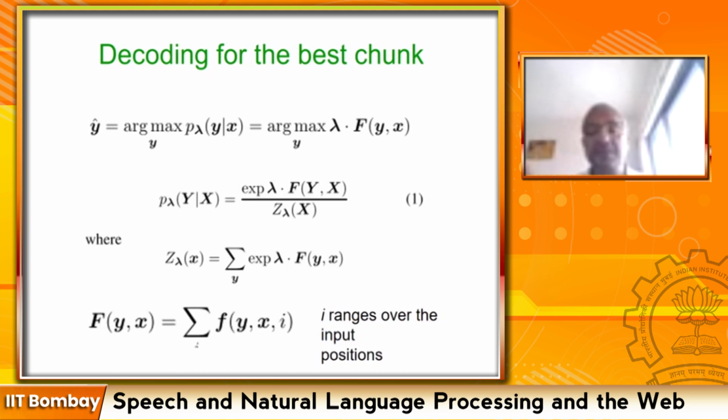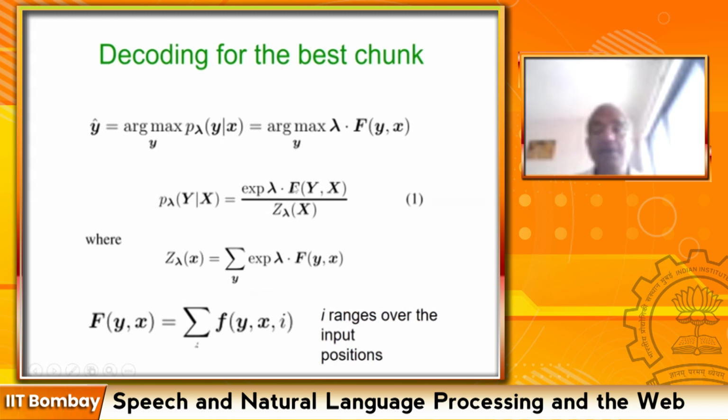For example, if 'tion' is present, the value is 1. If it is not present, the value is 0. So all these features are multiplied by weights and raised to the power e, divided by the summation of e to the power of this weighted feature vector combination. So that makes it a probability function. Okay, so this is your probability modeling, and the training based on the data is essentially finding out these weight values.